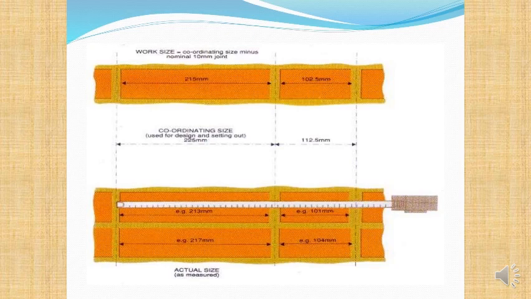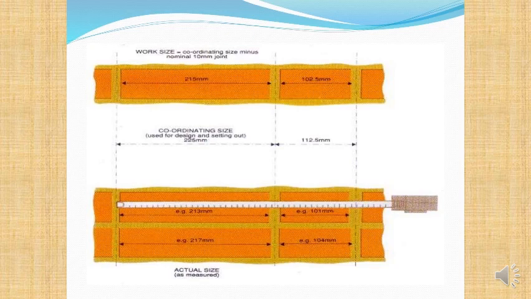This is not looking at the length of one individual block. It's working out what sort of length a block takes up in a masonry wall. And for the header, that goes from being 102.5 millimeters to 112.5 millimeters.